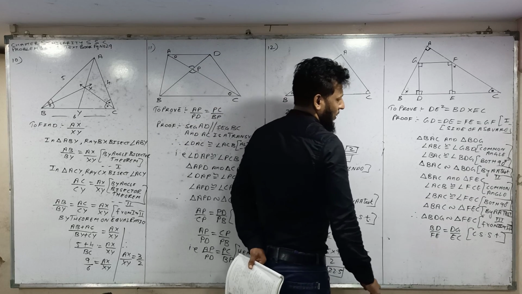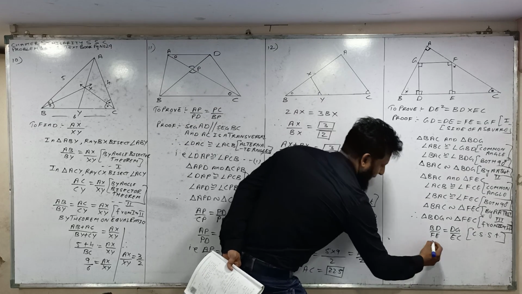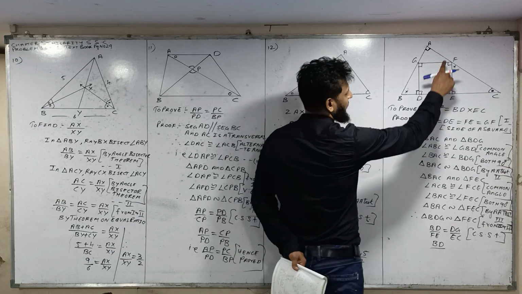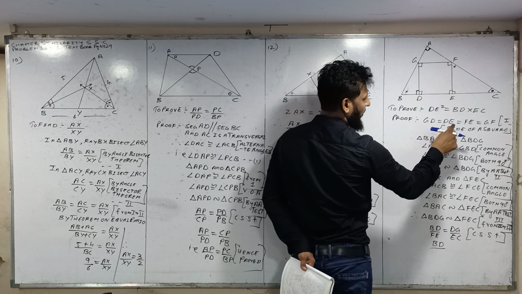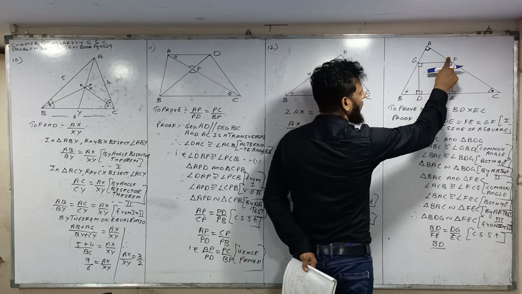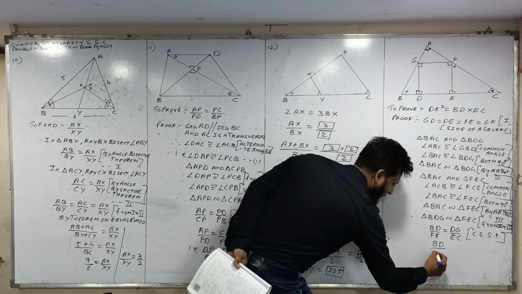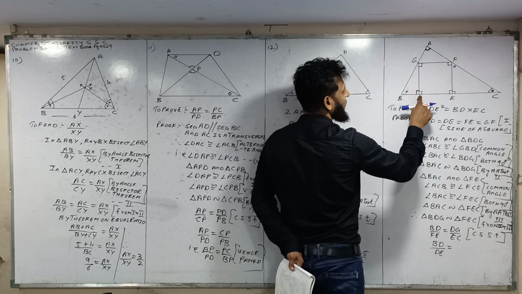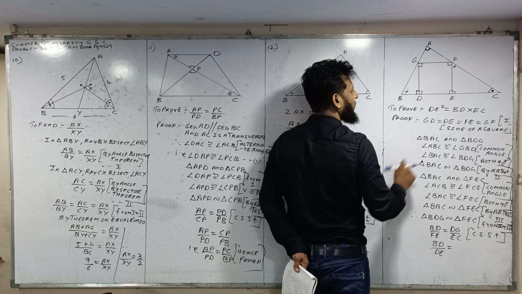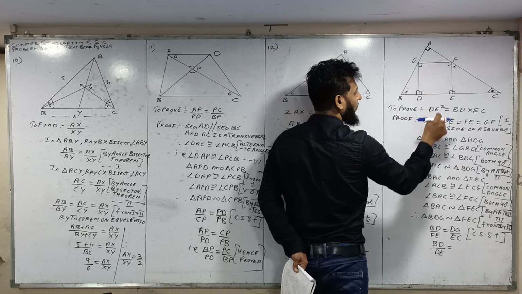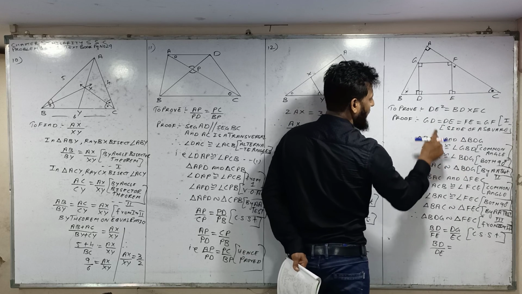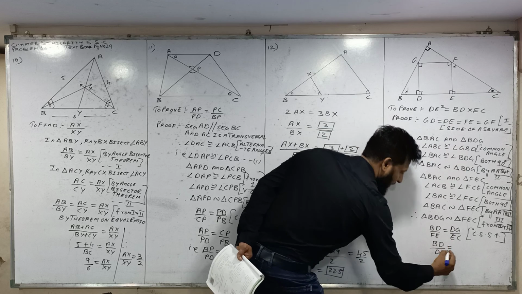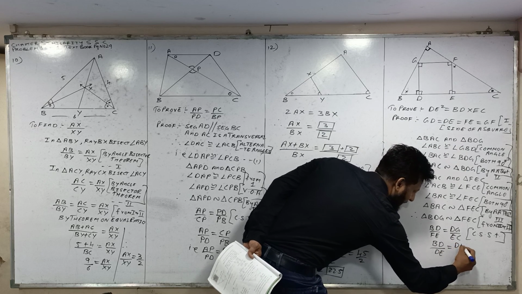So now BD as it is, FE is equal to DE. All four sides are equal. For this FE I am writing DE, and for DG also equal to DE. So all sides are equal in a square. Here DG or GD is equal to DE. All four sides are equal. So here I am writing DE.